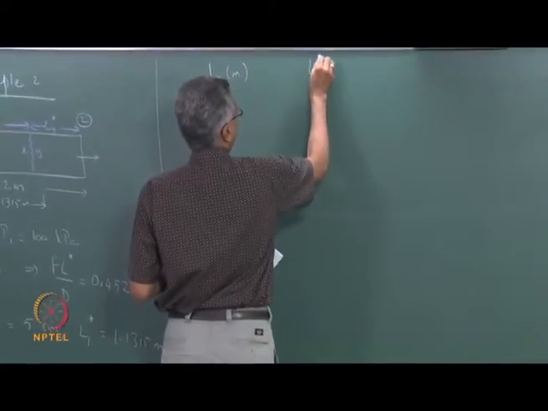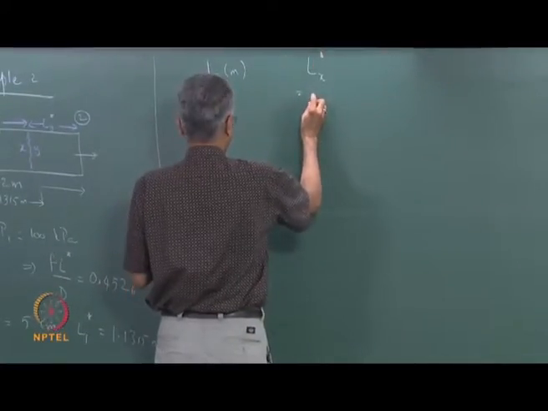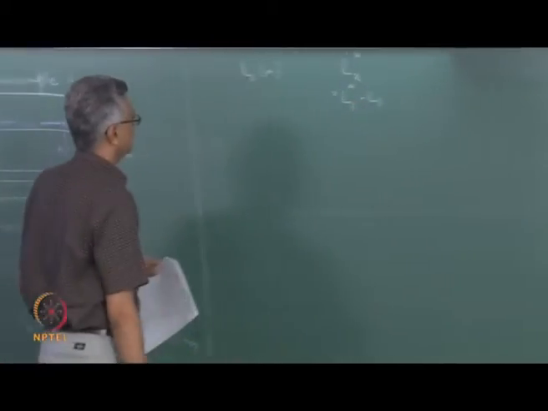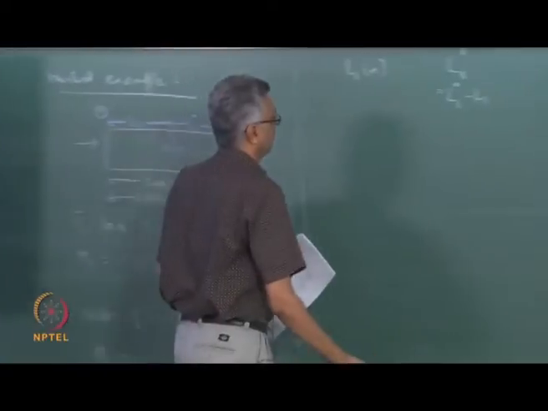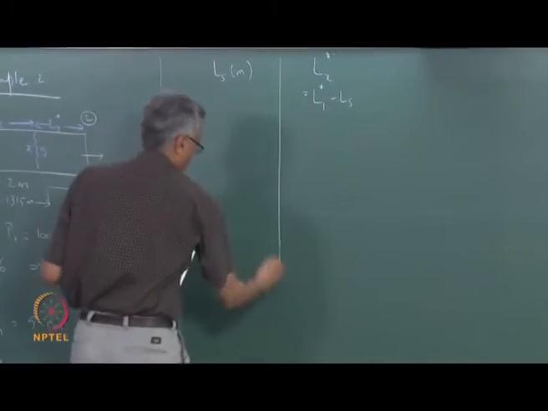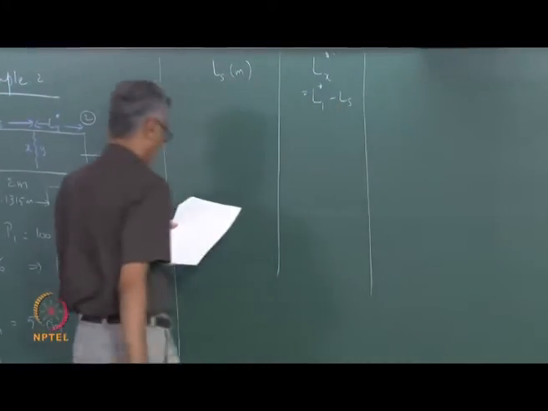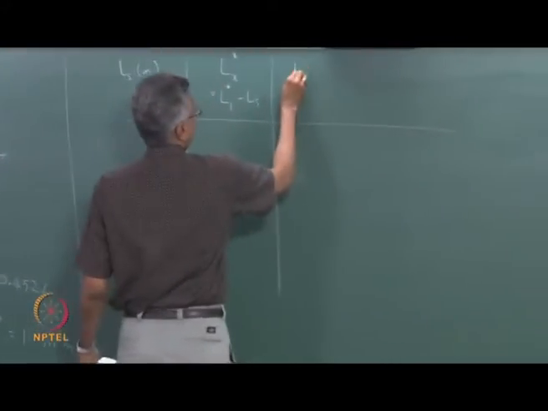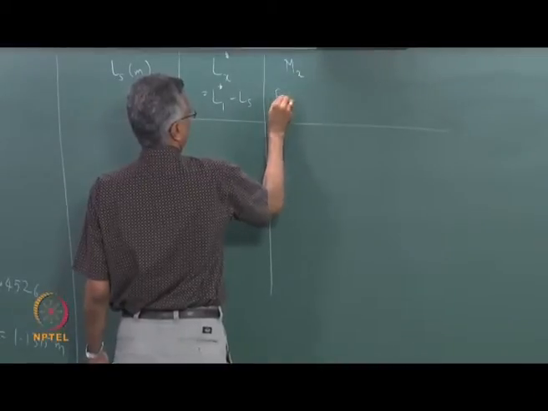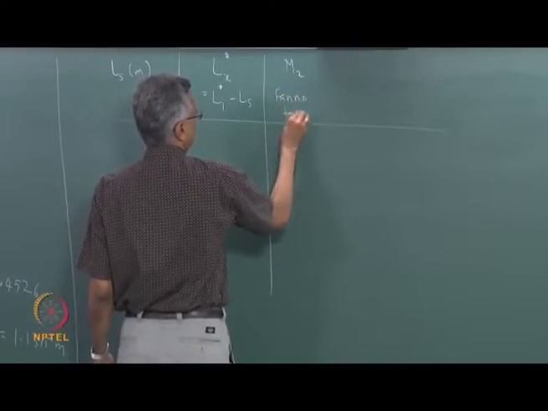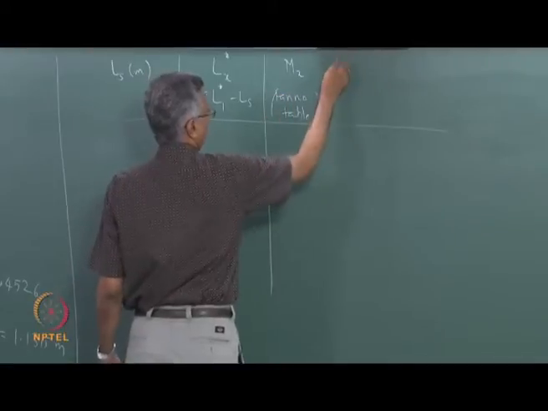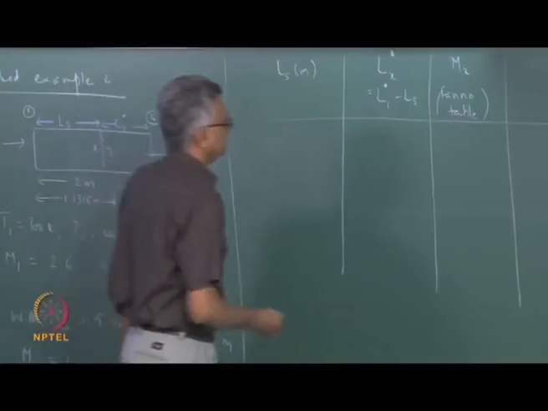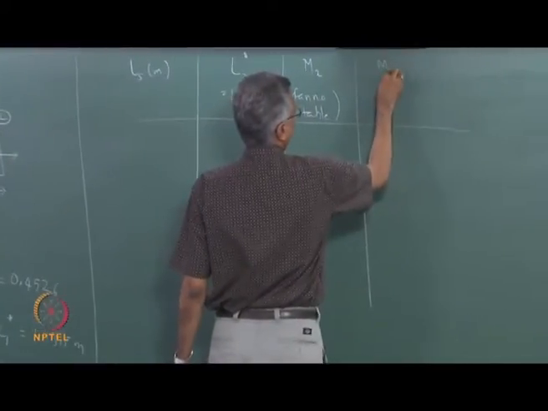Lx star, as we said yesterday, is going to be L1 star minus Ls in meters. Then we get Mx from the Fanno table, and then we get My from the normal shock table.